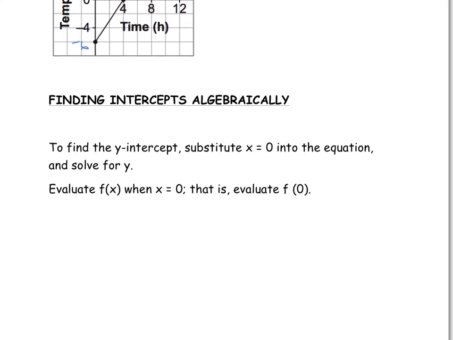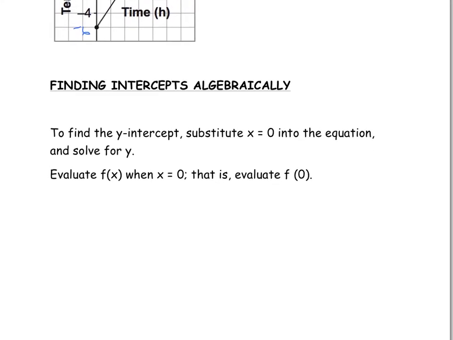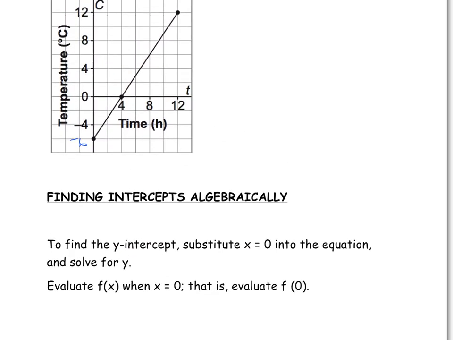All right, finding intercepts algebraically. If I want to find them using an equation, to find the y-intercept, you substitute x equals 0. Because think about it, this is the y-intercept, the value of x is 0 here. In this case, it's time. The coordinates of this point right here would be the point (0, -6).